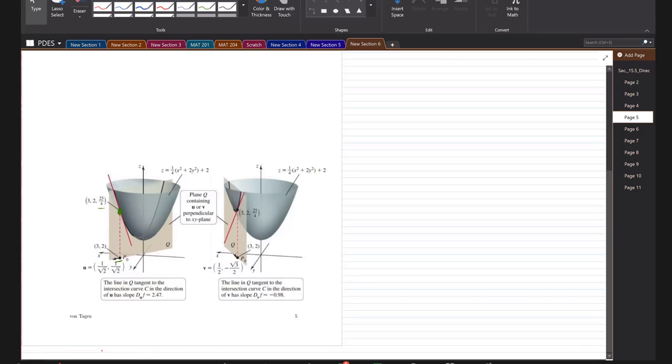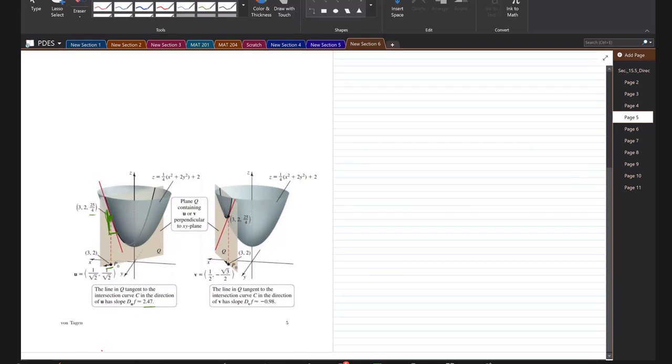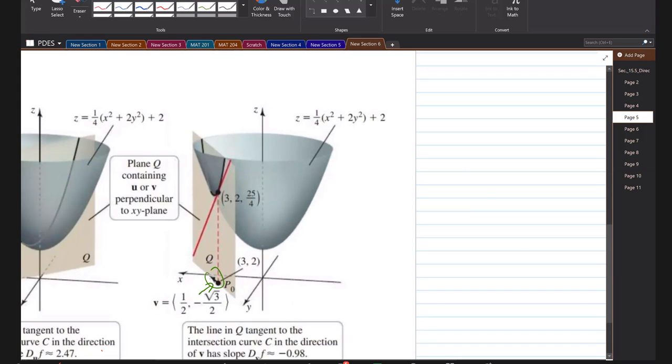And then asking the question, what's the slope of that tangent line right there? The slope of that tangent line is what I get when I compute that directional derivative. Now I could have done this for some other vector, like vector v here. So if I go back into my xy plane, there's the vector v. Can everyone see that? Let me zoom on that. There's the vector v right there.